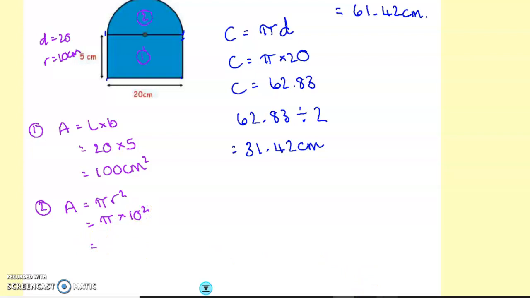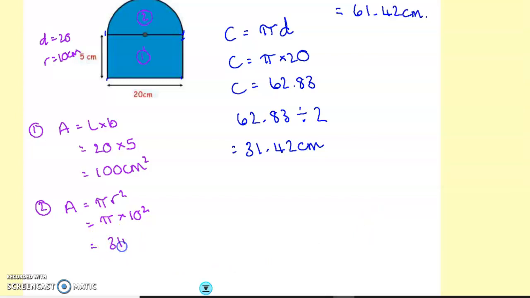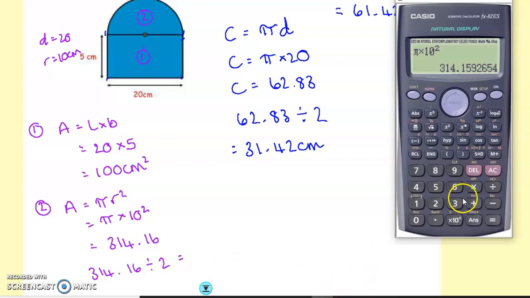So it's going to be pi times 10 squared, which is 314.16. So that's a full circle. Don't want a full circle, we just want half a circle. So I need to divide it by 2, which is 157.08.